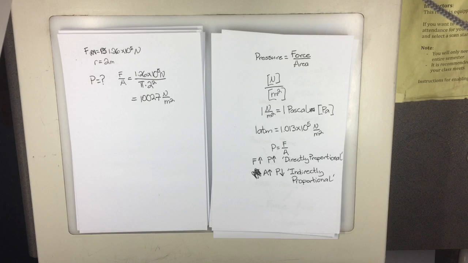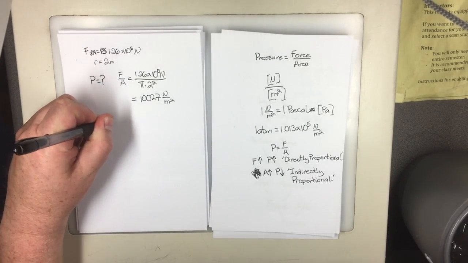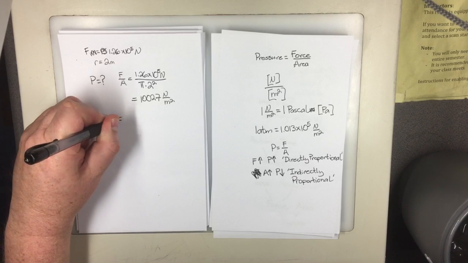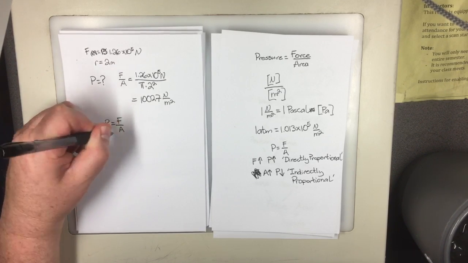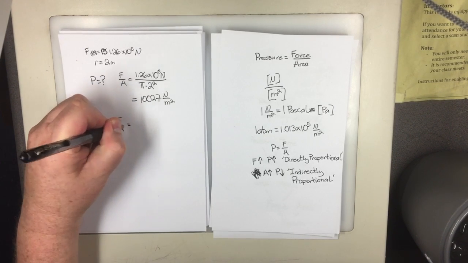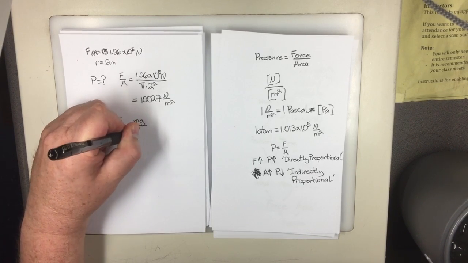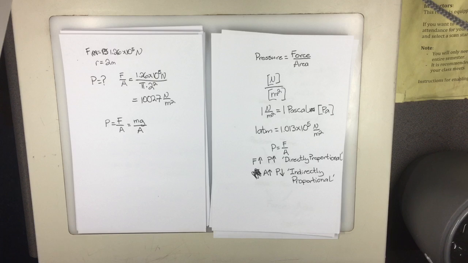Now let's look at another way to determine the pressure of the cylinder on the ground. Pressure is force divided by area. Well, that's obvious. I just gave you the definition. Force is mass times gravity, divided by the area.